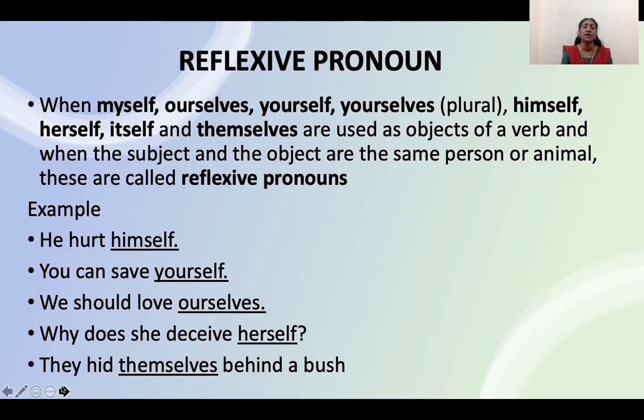Example, he hurt himself. You can save yourself. We should love ourselves. Why does she deceive herself? They hid themselves behind a bush.